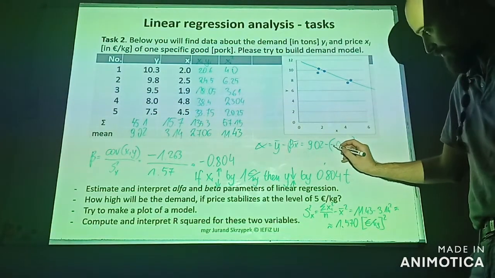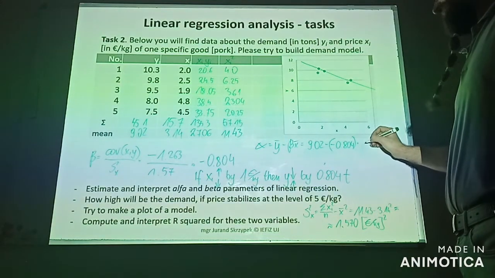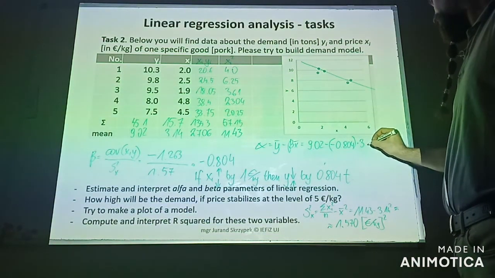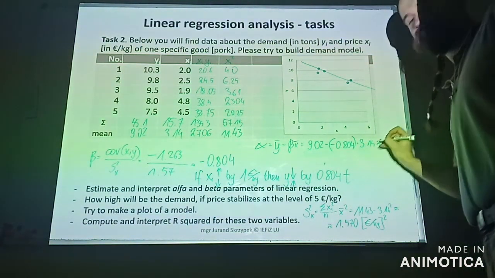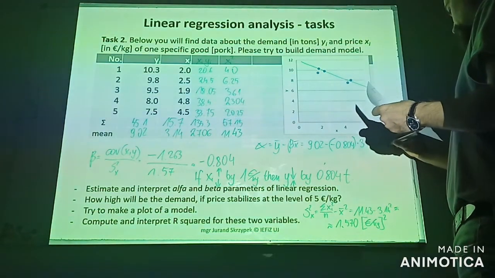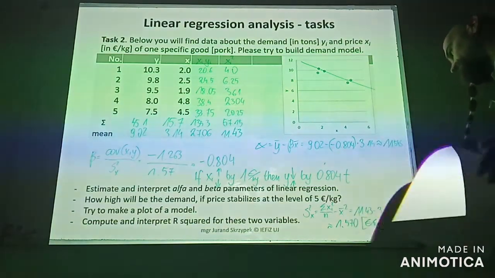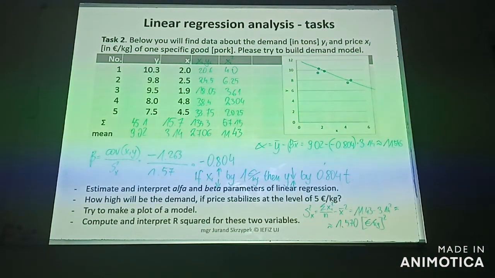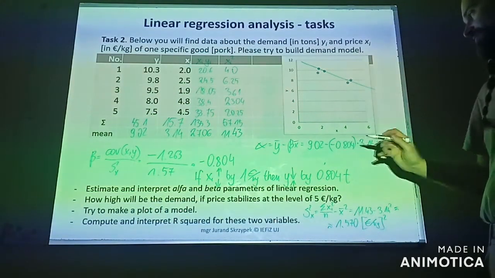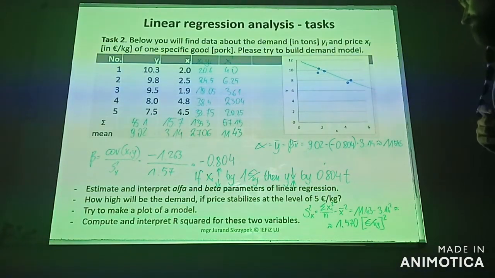Watch out, minus and minus, multiplied by 3.14, and the approximation of the result is 11.545. Yes, minus and minus gives us the plus.